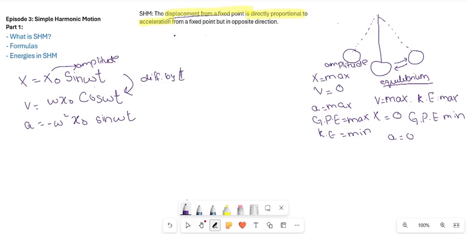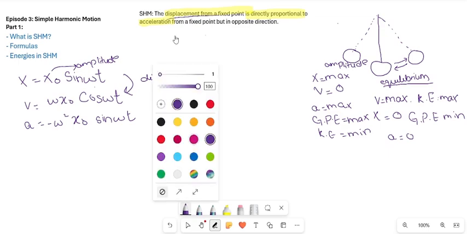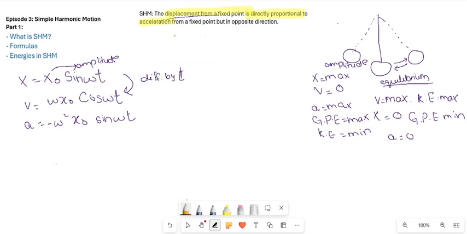And if I were to even graph this to help you better understand, if I were to look at the displacement, it's x against t, and here is our amplitude x naught.